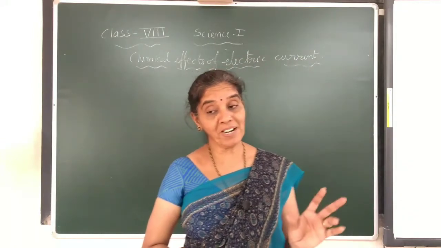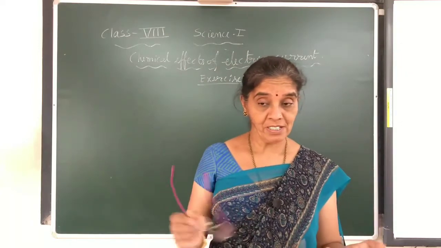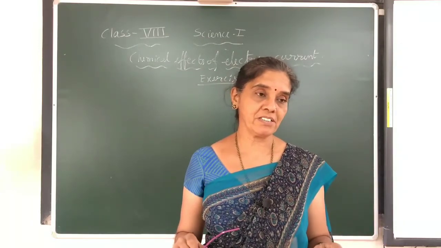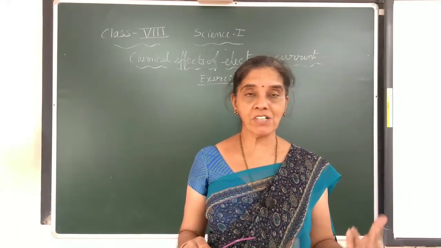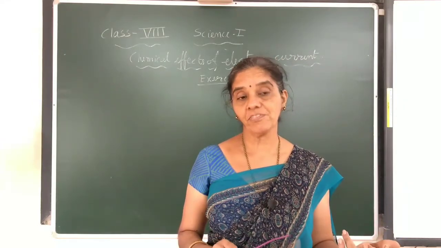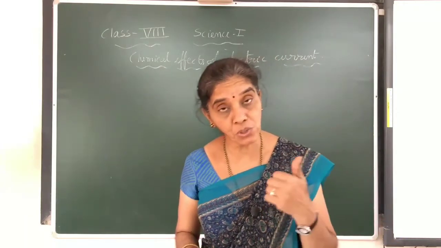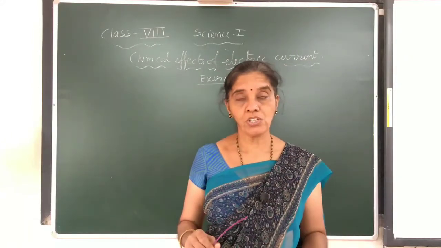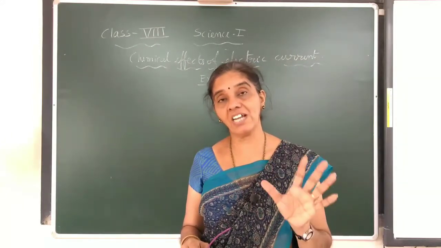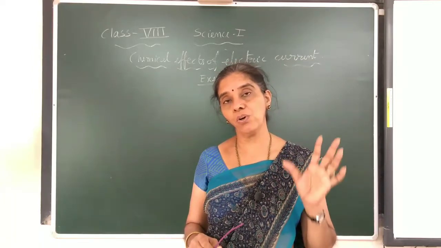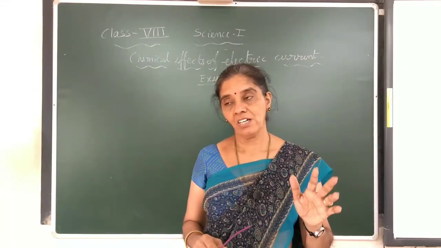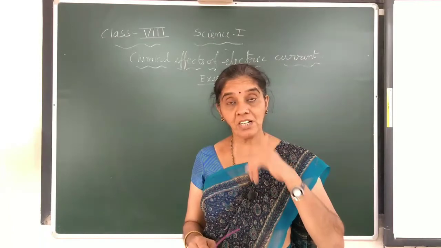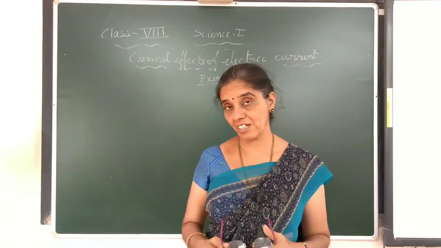A is brighter, B is less bright. The bulb glows more brightly if the current passing through it is more, because the heating effect will be more, so it gives much light. It means much current is flowing in the circuit.